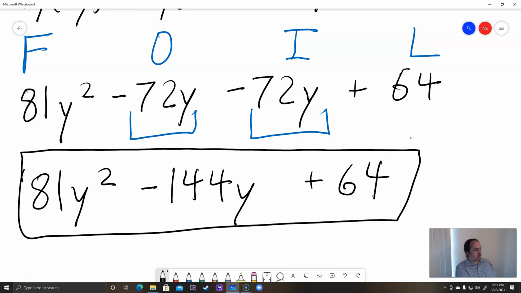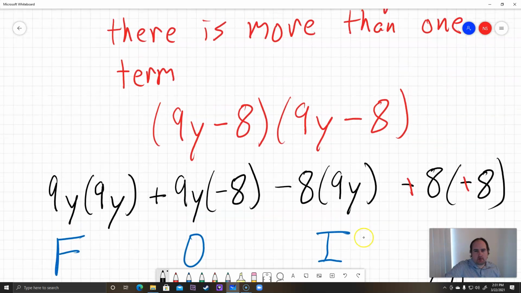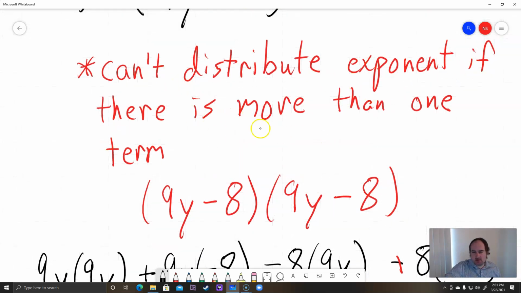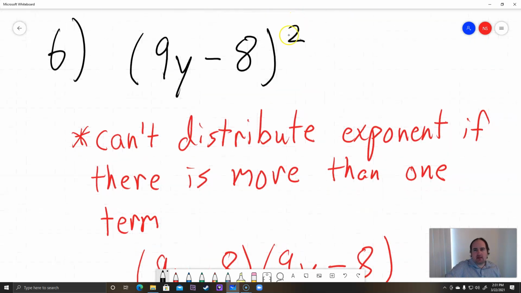And then you have one more problem in your homework where you have a larger power and you have a square. But just remember, whenever you have a square and there's more than one term, you cannot distribute the exponent. You can't distribute the square. So at the beginning here, I know it looks so tempting.